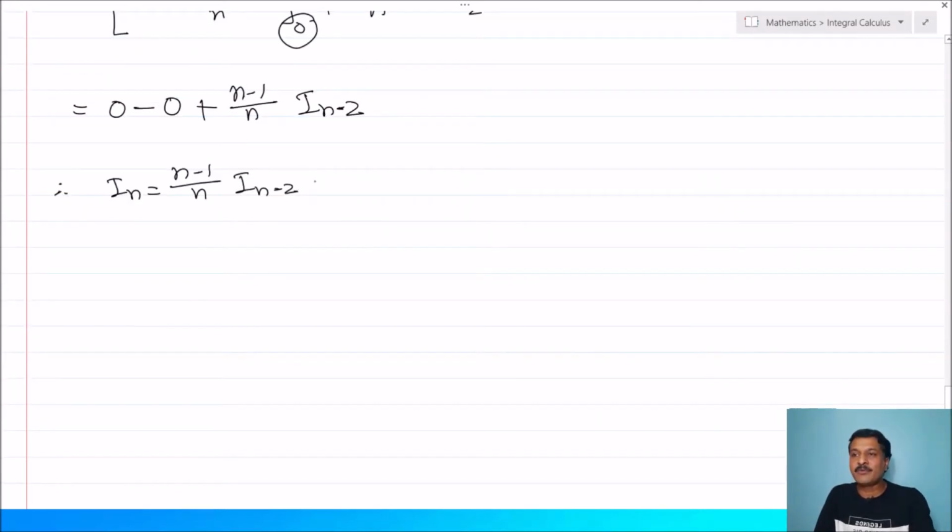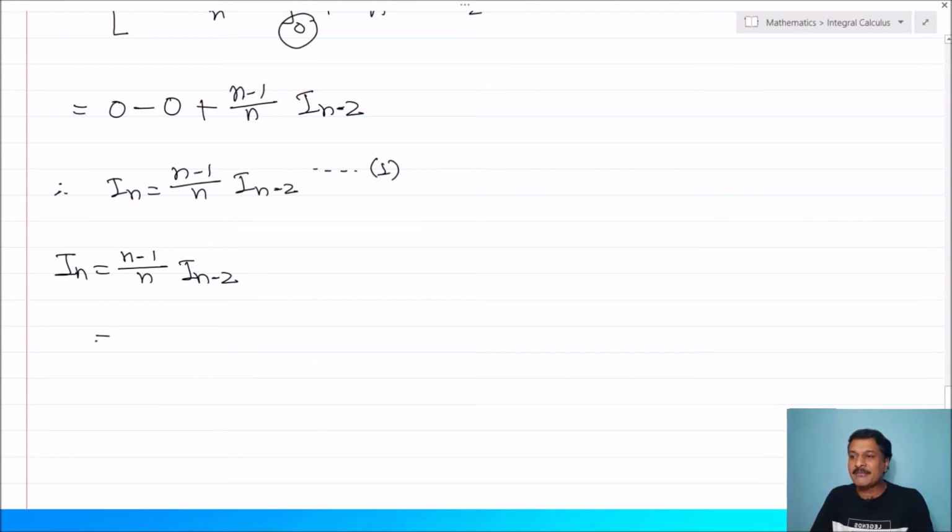So if I am going to consider this as equation number 1, or relation between I_n and I_n minus 2. So I am getting n minus 1 upon n and I_n minus 2. So note that here again from the equation 1 I can write I_n equal to n minus 1 upon n I_n minus 2.